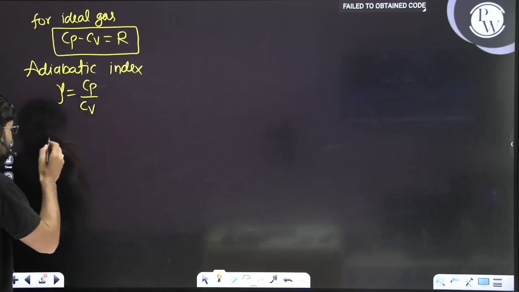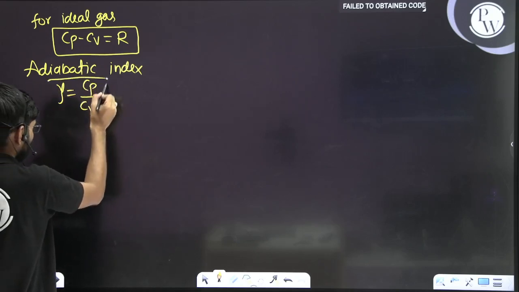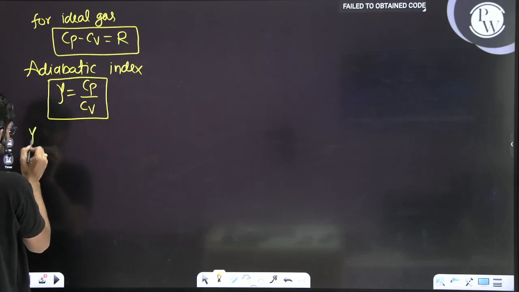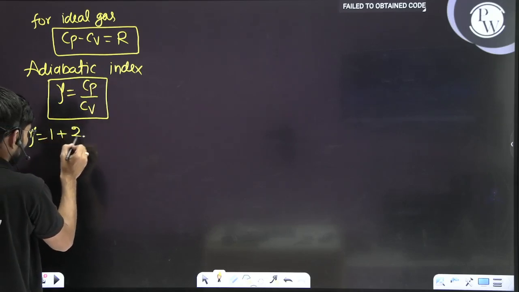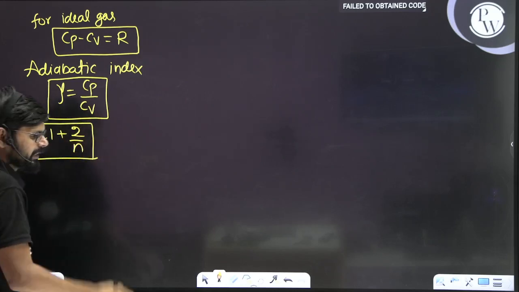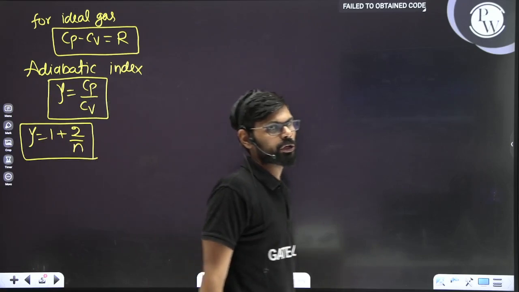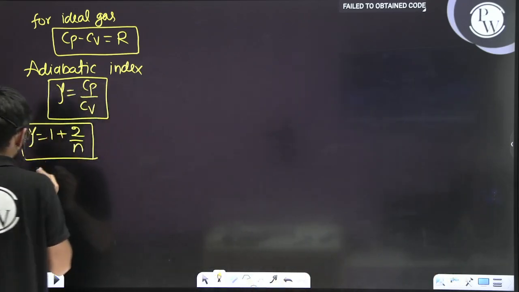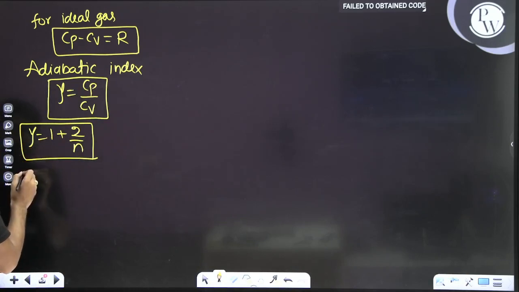This is the macroscopic definition. Microscopically, gamma is defined as 1 plus 2 by n, where n is the degree of freedom of a molecule, and we will discuss it in detail. On the basis of this microscopic formula, we can find the value of gamma.